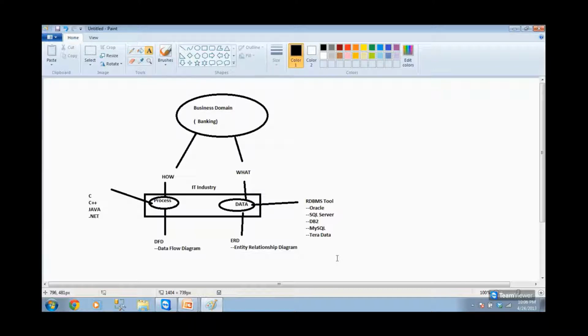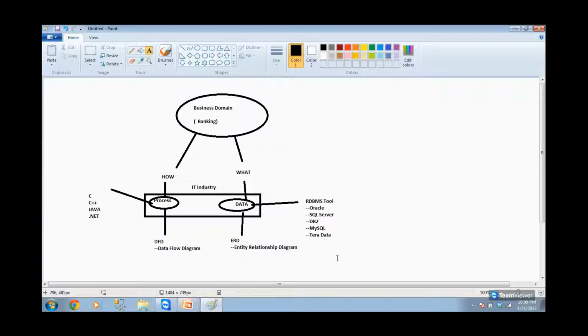For example, when you want to capture the data of a bank, you don't know what kind of data they're capturing, what kind of relationships they have, and what kind of association is available with each and every data. That's very difficult for you to understand as a layman.